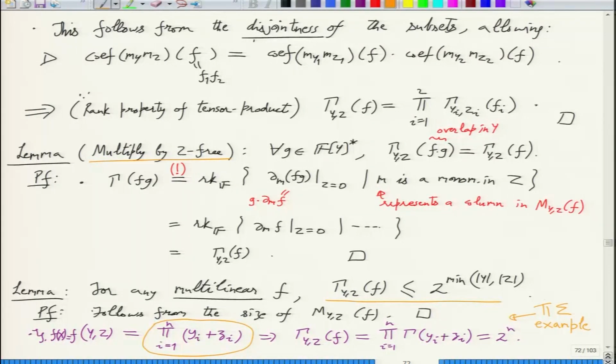If you think in terms of circuits, then the circuit here is just a product of sums, and each sum is just adding two variables. What we now want to show is that although there is this pi sigma example with measure as high as 2 raised to n, the maximum possible, still there is a way to reduce this.